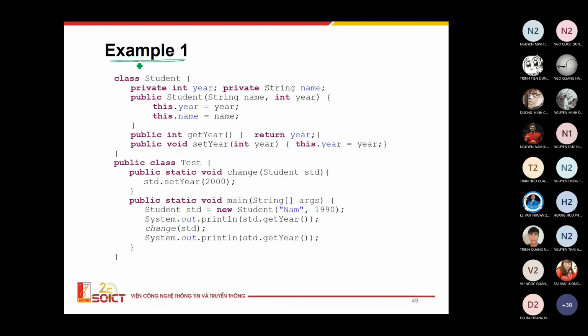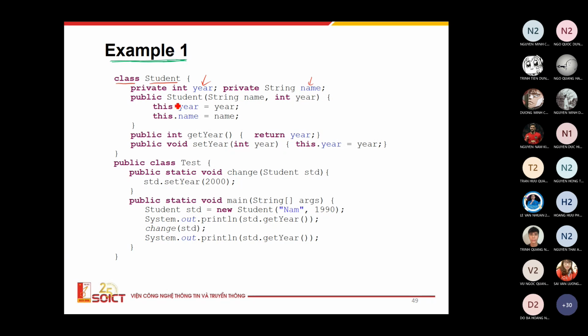Okay, and try to focus on this part. Firstly, we will have this example. You can see here a class Student. In this class, we will have 2 attributes.